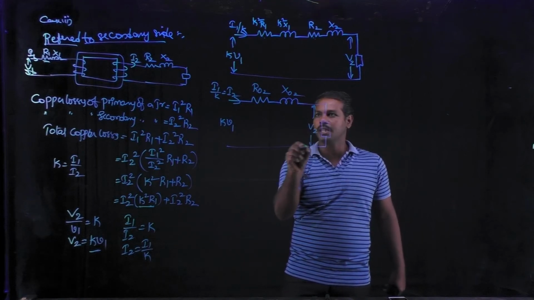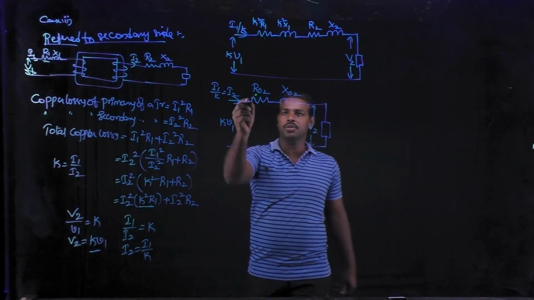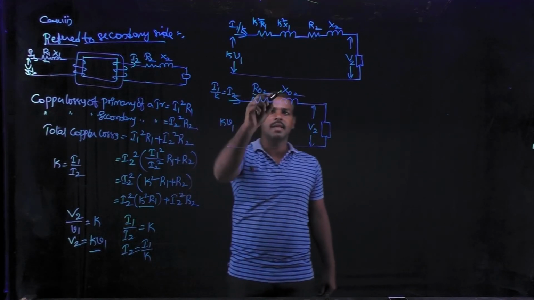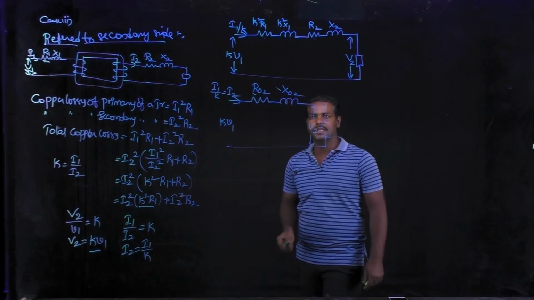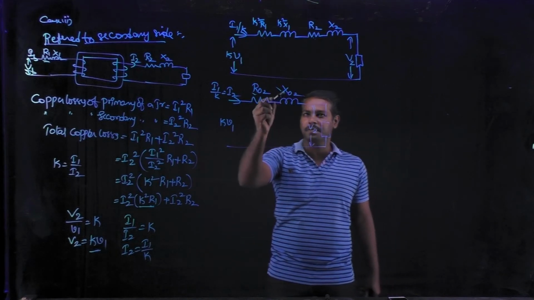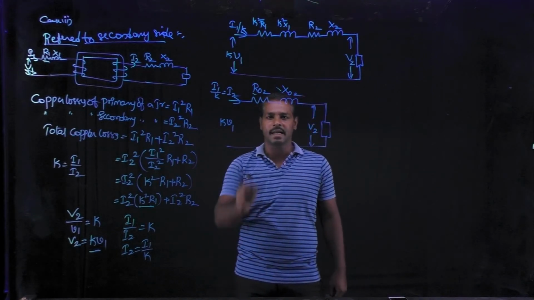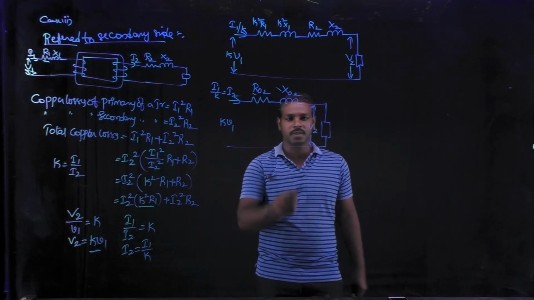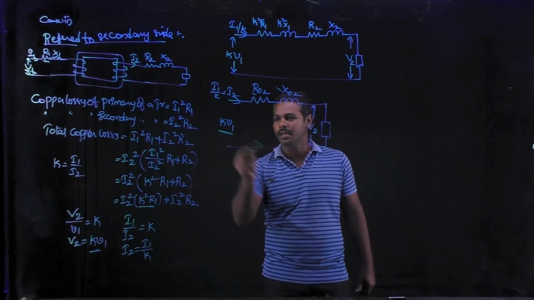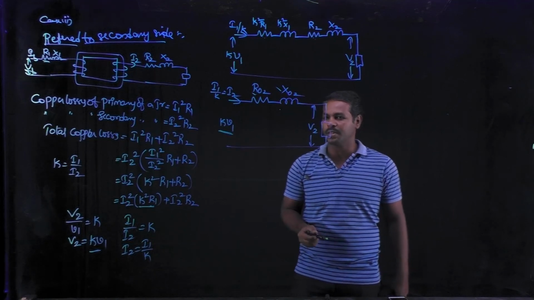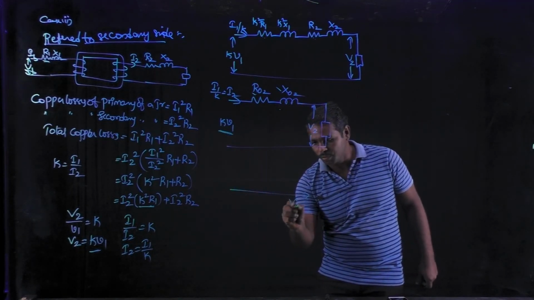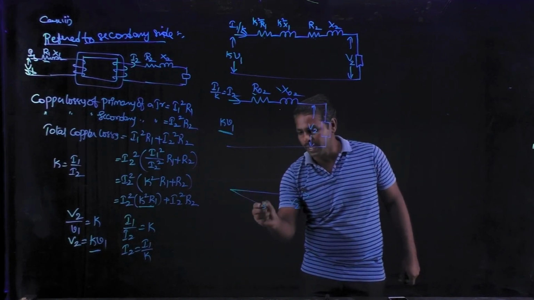So what about R01 and X01? R02 is the equivalent resistance of the transformer referred to the secondary side. X02 is the equivalent reactance of the transformer referred to the secondary side. So based on this circuit, we can draw the phasor diagram. That means we can find out KV1, which is equal to V2, with the corresponding current I2.